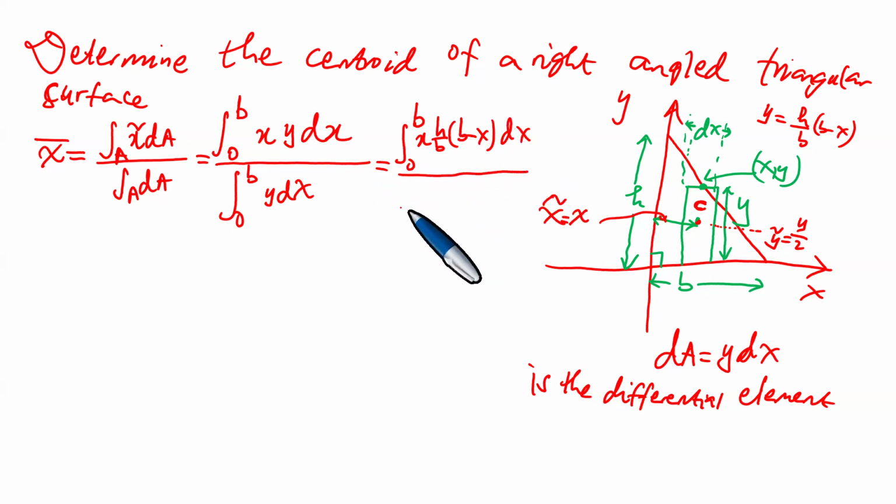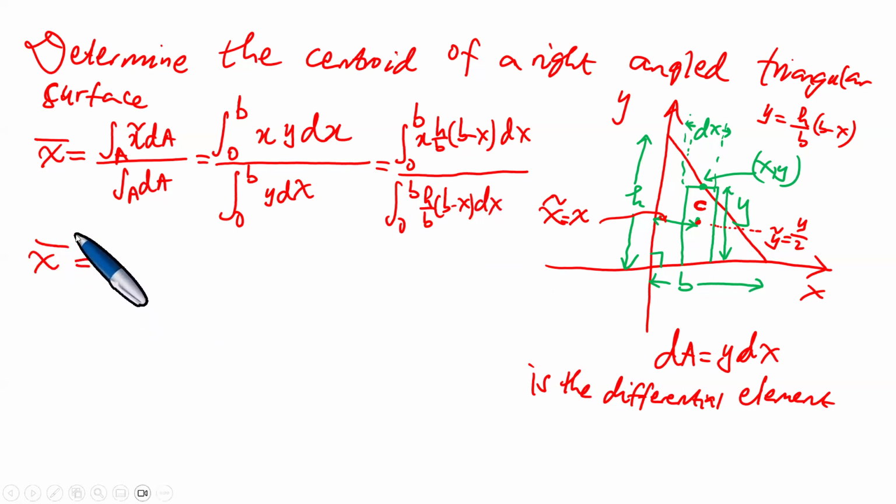And you divide everything by the following: the integral from 0 to b. We note that x is from 0 to b, and then you have the y. What is the y? The y is exactly h over b minus x dx. So in the end, you multiply everything out.